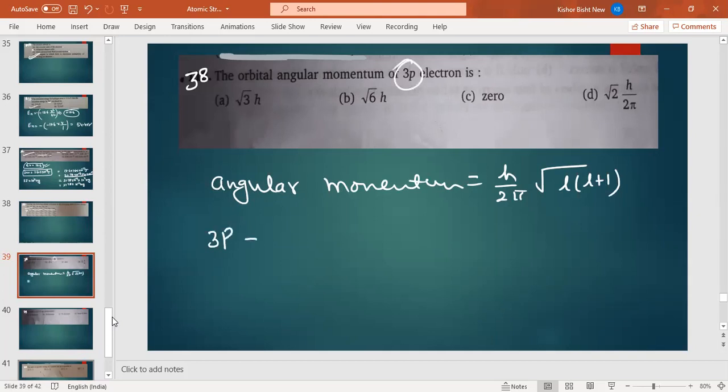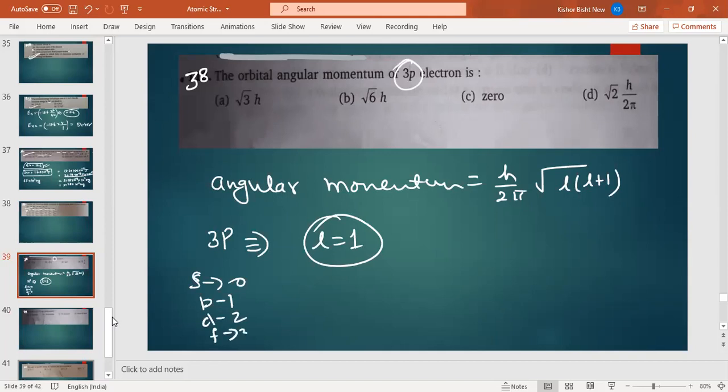For p, l is equal to 1. Many times I have discussed the l values: s is equal to 0, p is equal to 1, d is equal to 2, and f is equal to 3. These are the l values. So you remember. Now if you calculate, h upon 2 pi and root 1 into 1 plus 1, which is root 2. So this option is the correct answer.